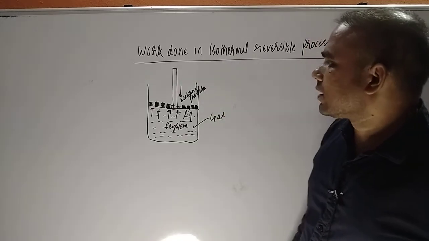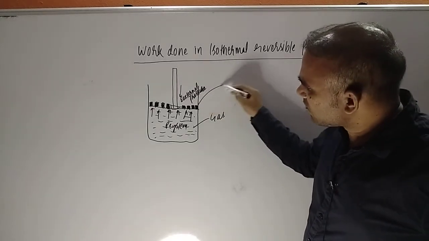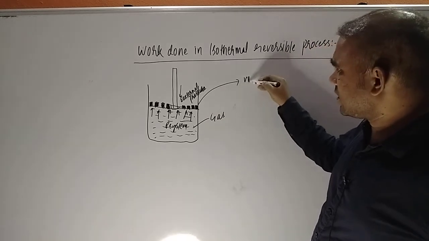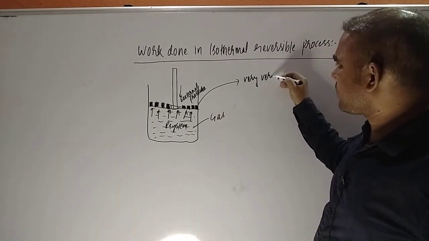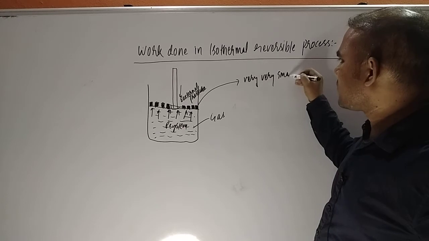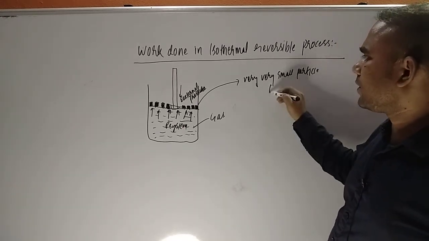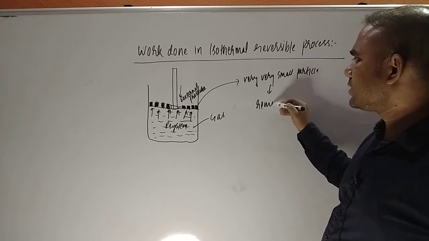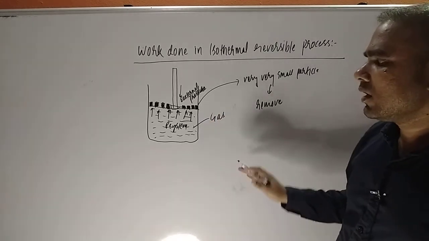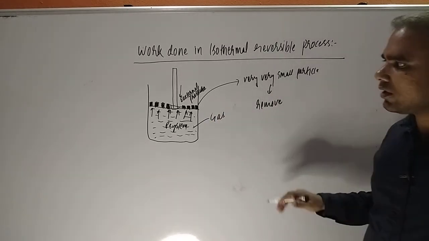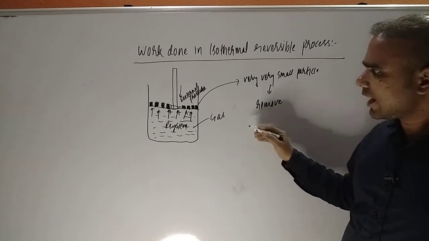Now students, you remove a very small particle. Firstly the system was in equilibrium, and now you remove that one. So if you are removing it, what will happen?